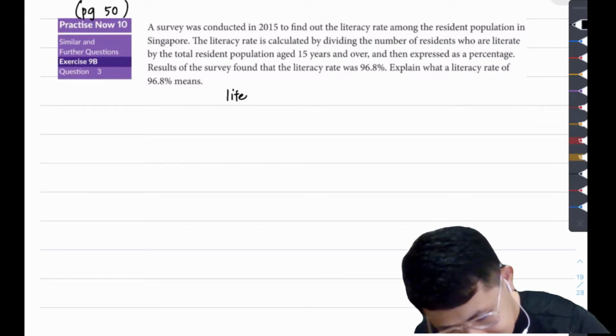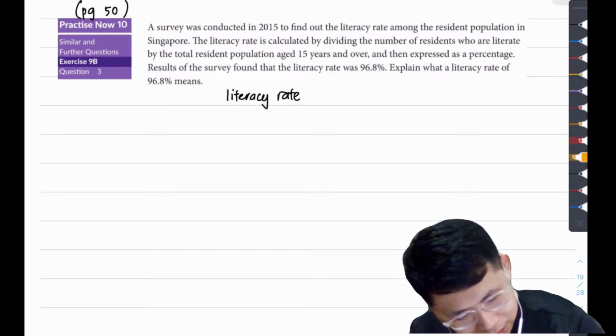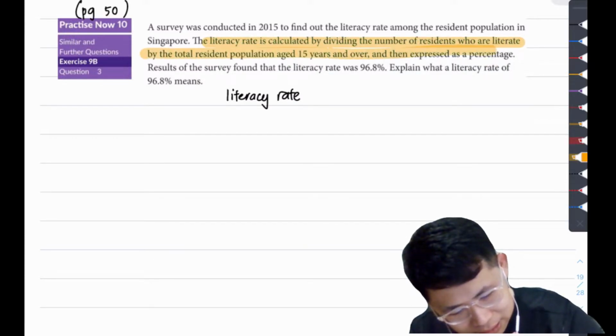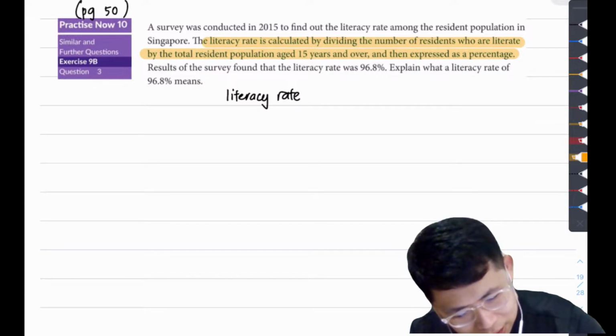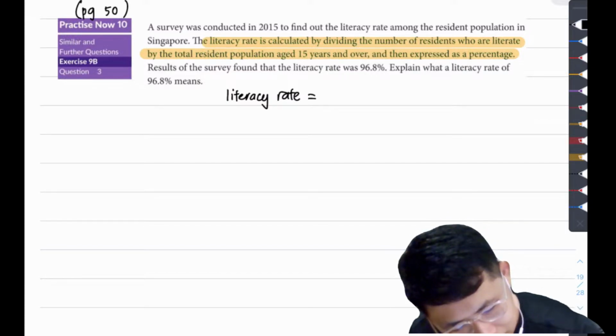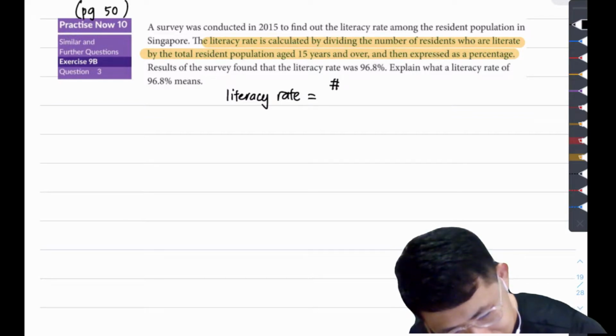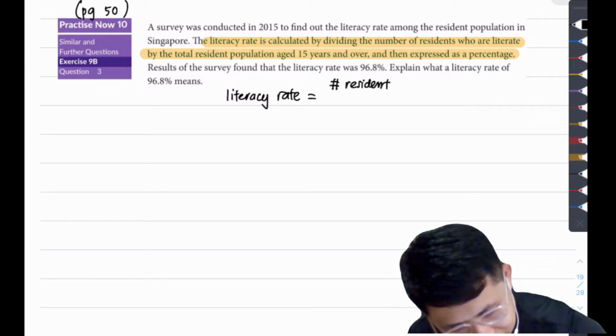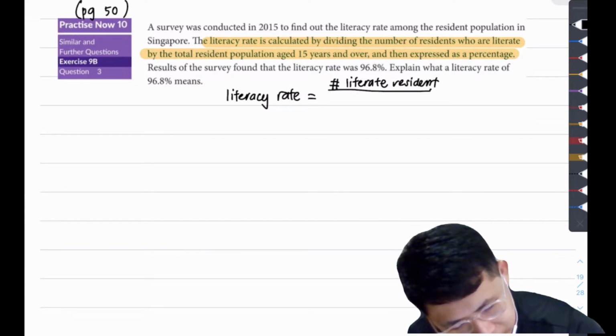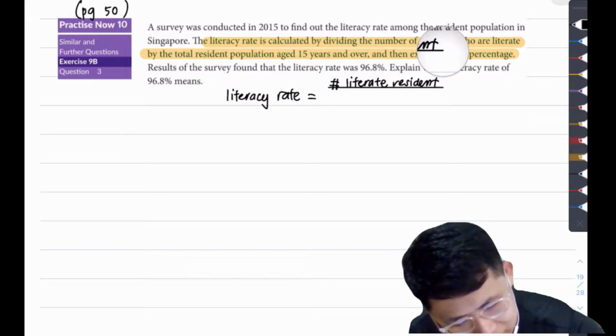So literacy rate, over here in the second sentence, is calculated by dividing the number of residents who are literate, so number of literate residents, and we divide this by the total resident population.